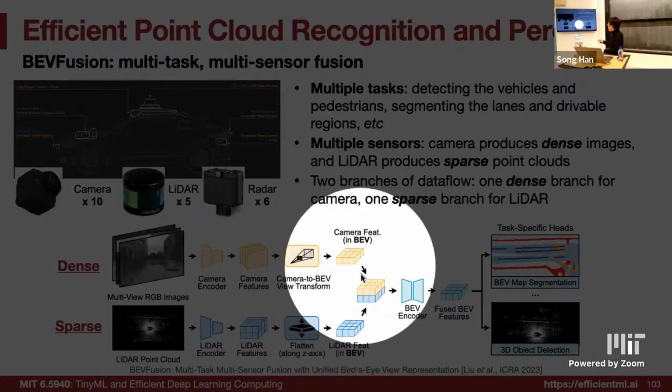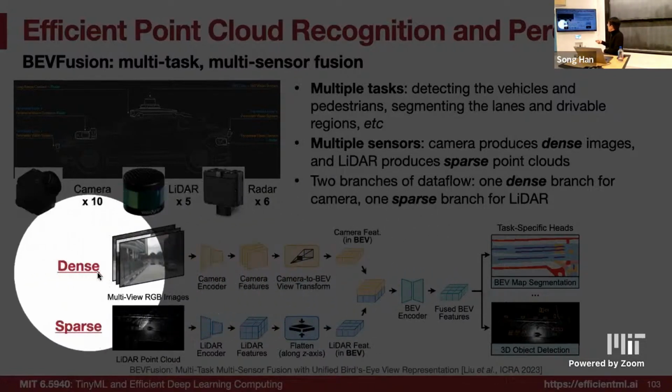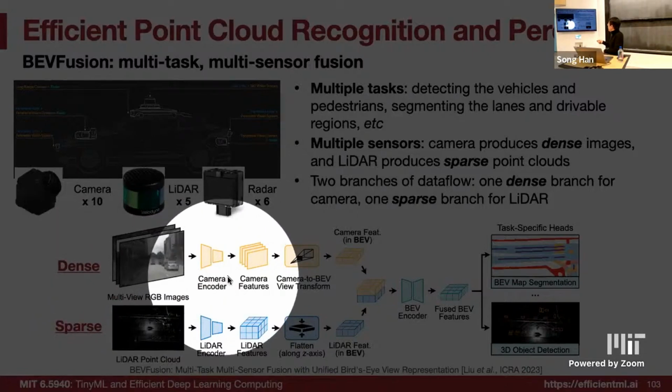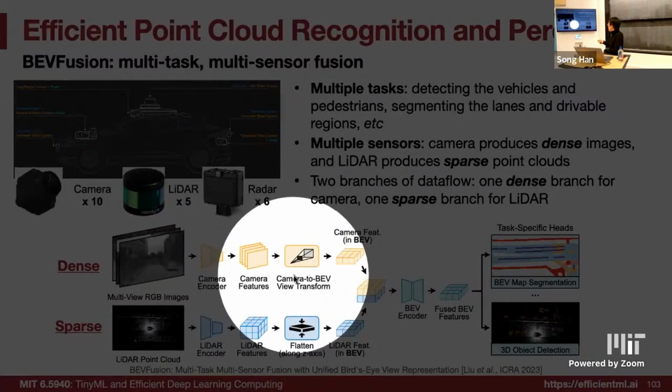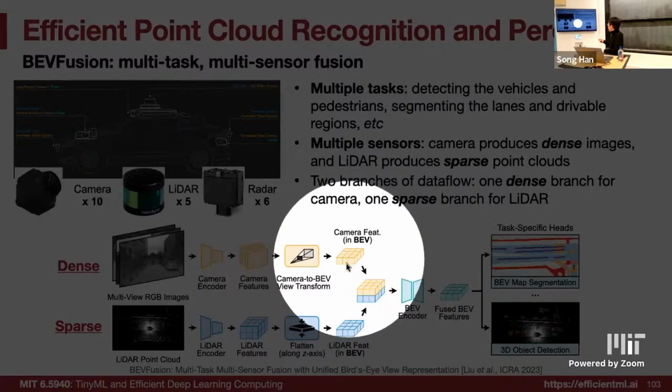And we merge the information in the bird's eye view space, in the BEV space, which needs conversion. We first pass it through a camera encoder to get the camera features. And we perform this camera to BEV view transformation, which is actually a critical operator that we accelerated a lot, to cast it into the BEV space.